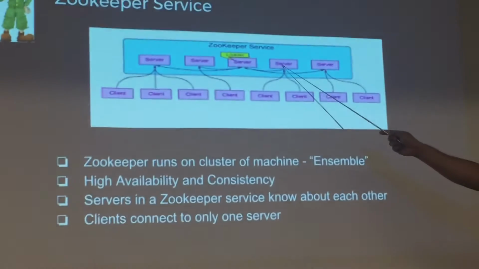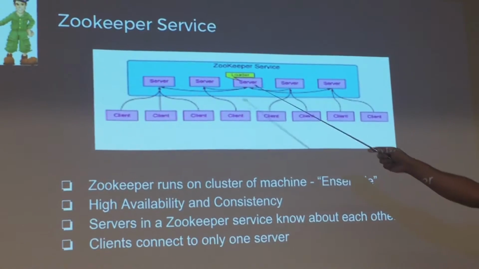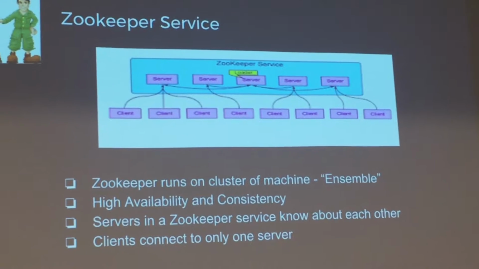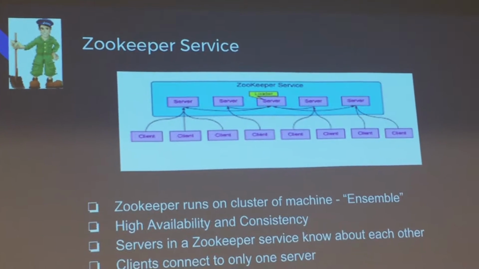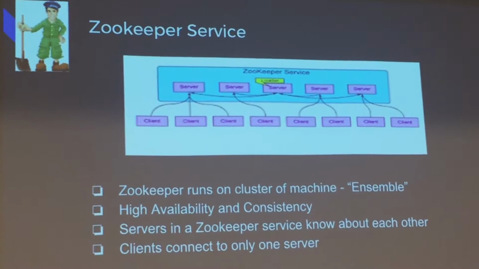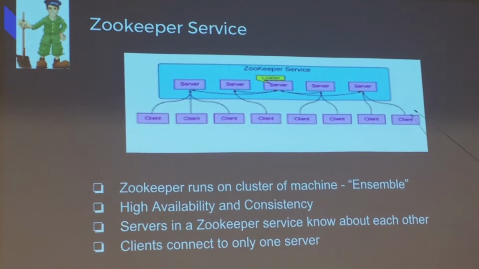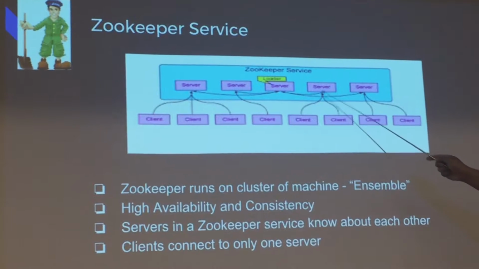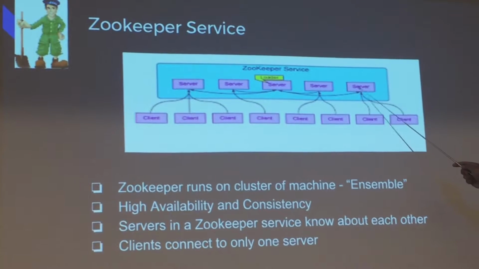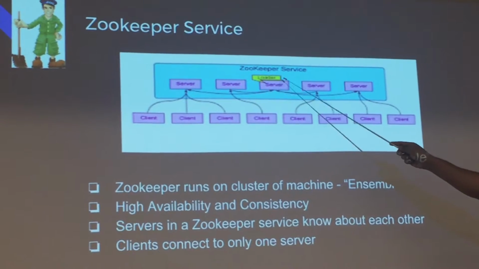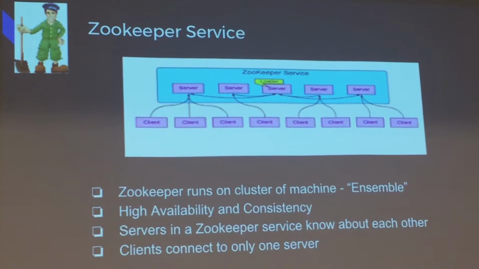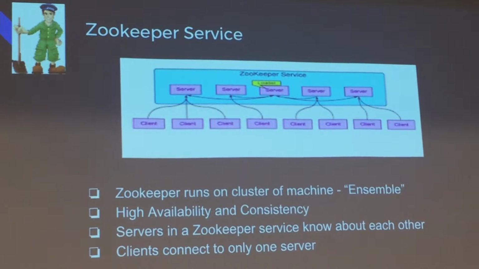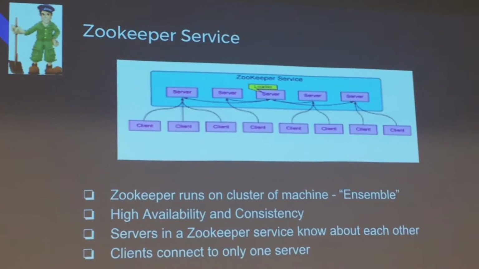Any request that comes in will be propagated across the ensemble and written by the Zookeeper service. These clients always connect to one Zookeeper server; they cannot connect to multiple. They send a request to one server, and that request goes to the leader, which decides where the exact processing will happen.